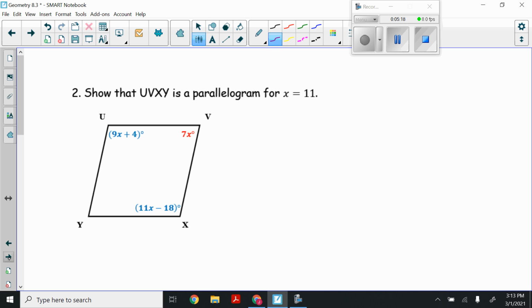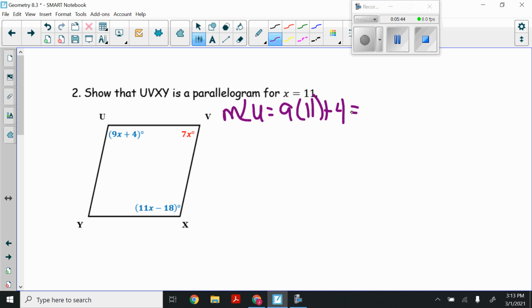Okay, the next one, number 2, it says show that UVXY is a parallelogram for x is equal to 11. They give me 3 of the angles. I need to show that my consecutive interior angles are supplementary. So let's see, we'll find the measure of angle U is equal to 9 times 11 plus 4.